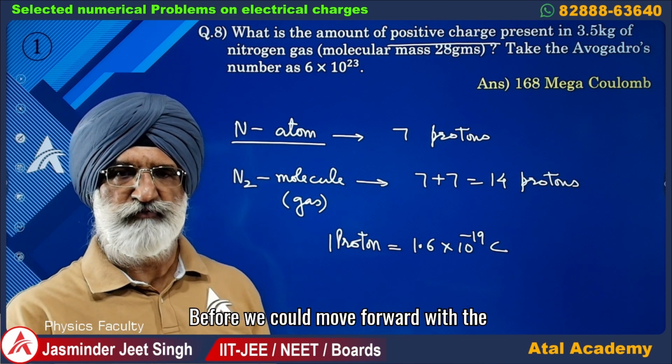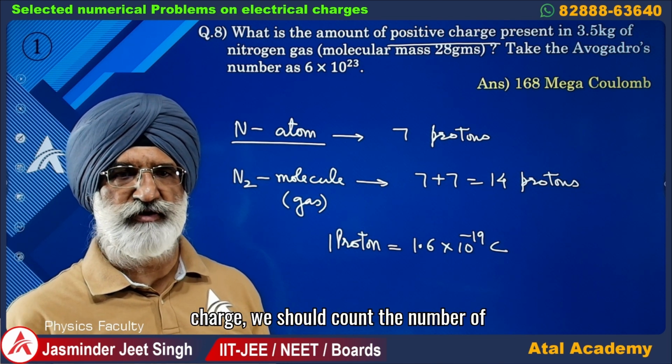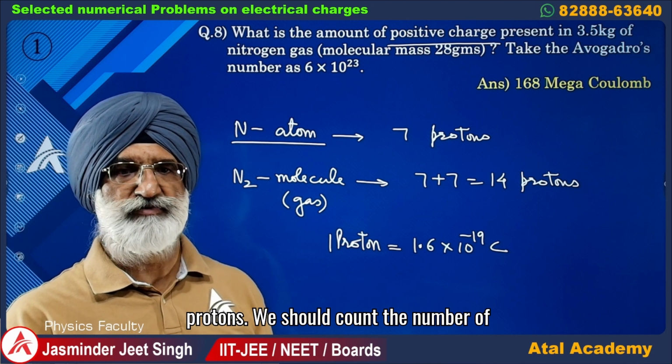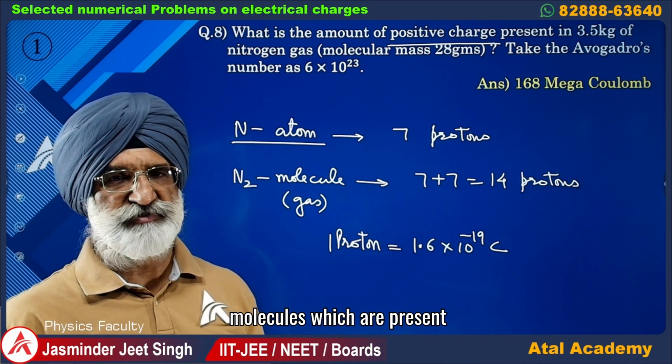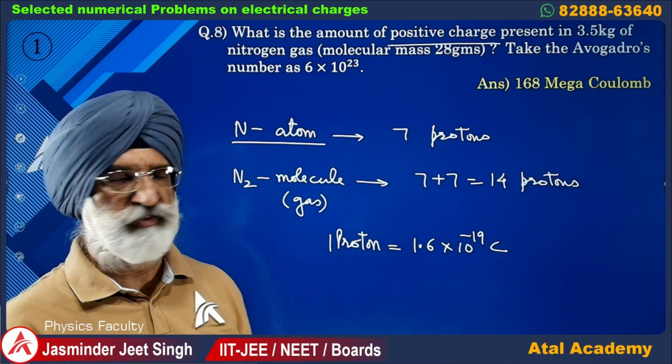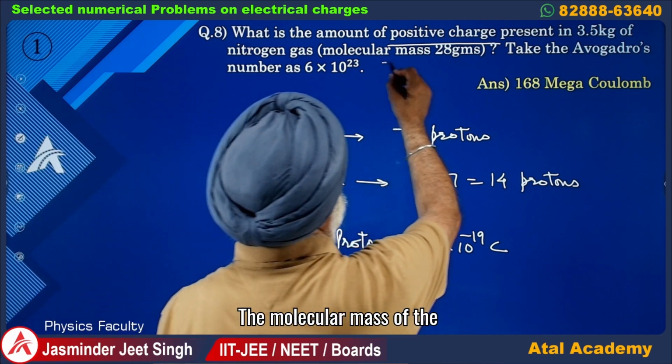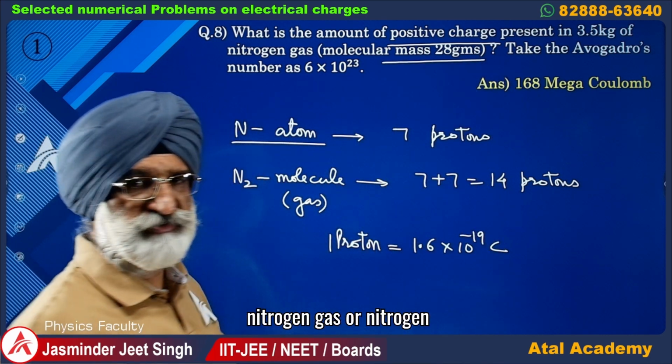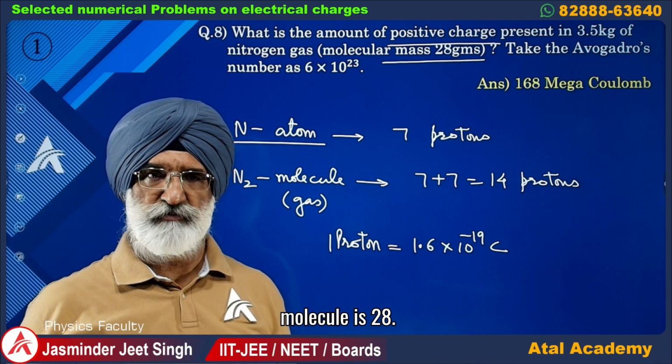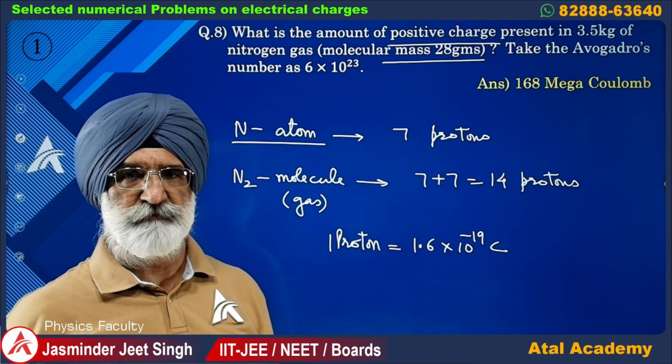Before we could move forward with the charge, we should count the number of protons. We should count the number of molecules which are present. The molecular mass of the nitrogen molecule is 28.